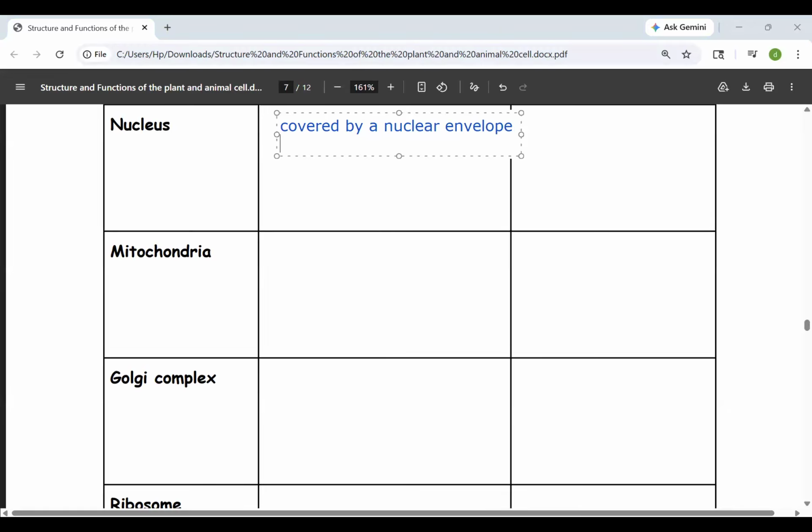One or two nucleoli present. Chromatin body present. We'll learn about them later, right? Chromatin body present, that's enough.